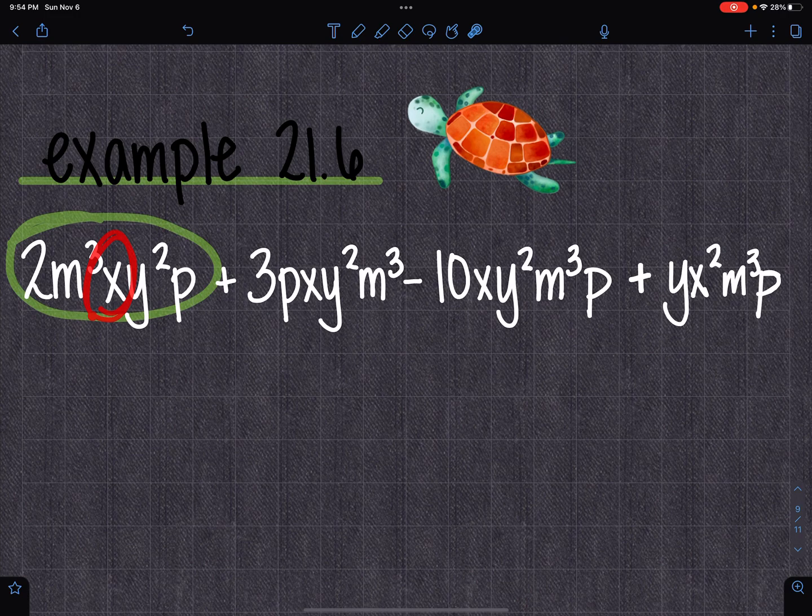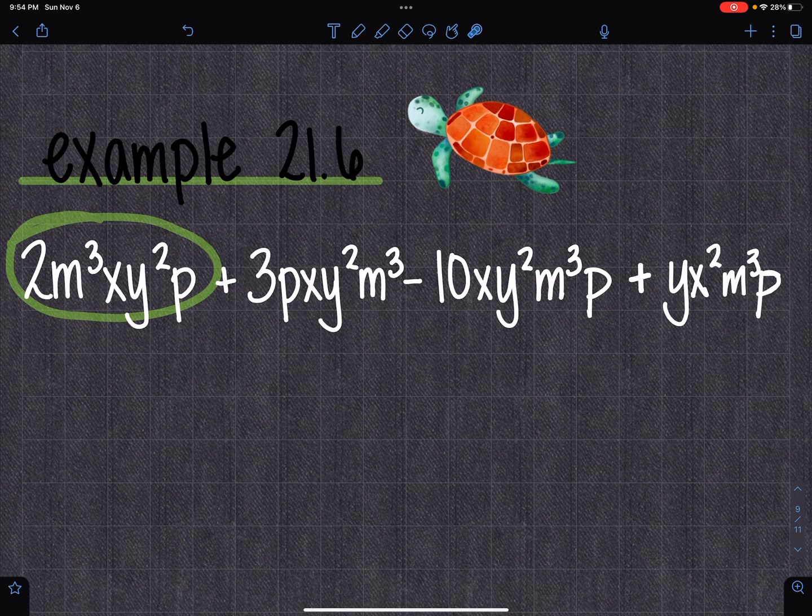I only see 1 X in this term. I see 1 X in this term. I see 1 X and 2 X's. So that one's out. That is not a like term. But it could be this or this. All right, what about Y squared? Y squared, that matches. Y squared matches here. And what about a P? This matches, this matches, this matches.